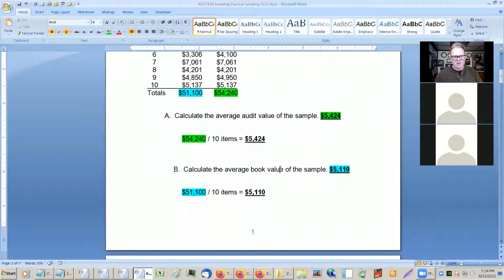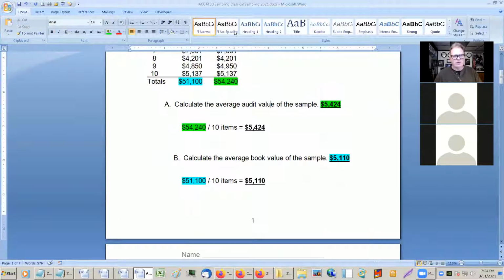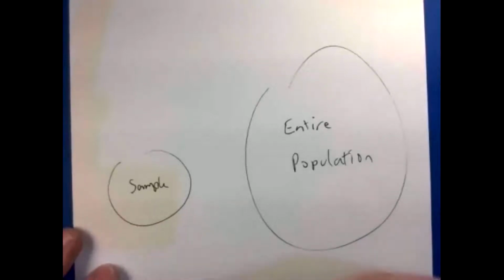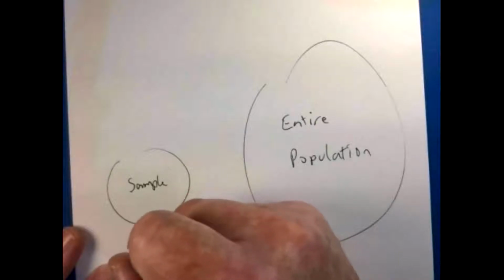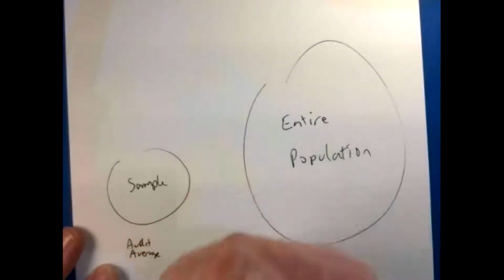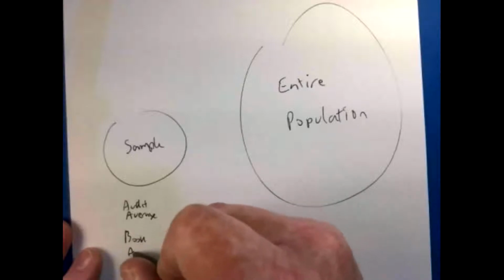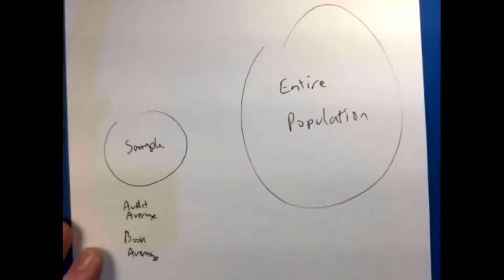Now we have these averages. What we're going to figure out is the audit average and the book average.